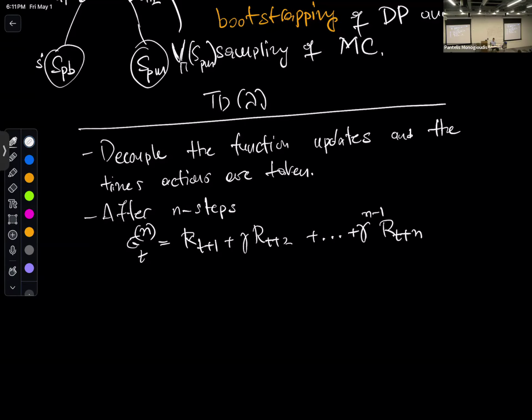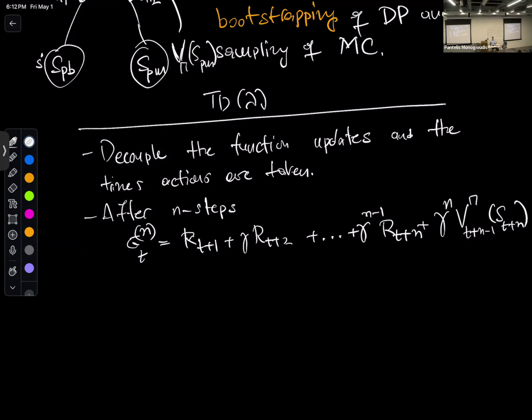I hope you recognize that, plus gamma to the power of n, V, capital V again. Now I'm going to put the pi on the top because I want to use the index for the specific subscript, t plus n minus 1 of st plus n.